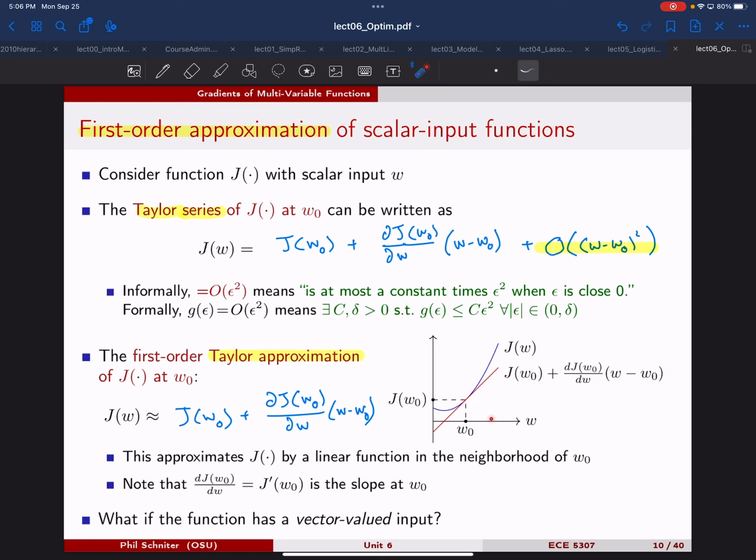If we move the point over here, there'd be a different best fit, a different slope. But at this point, this is the best you can do. And you can see that there is some small neighborhood where they are actually pretty close. That kind of gives you this idea. For that small neighborhood, this is a pretty good approximation of the total thing. So notice we have an approximate equal to here, whereas we have an equal there. Okay, so this is the idea.